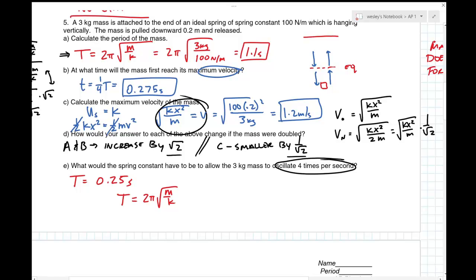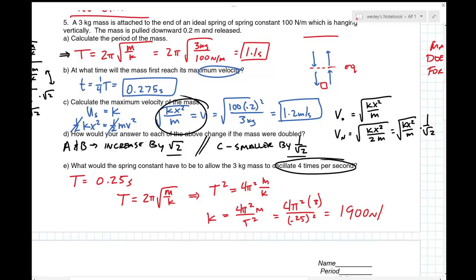I've got to solve for k, so we're going to square both sides. Period squared is 4 pi squared m over k. That makes k 4 pi squared m over T squared. So 4 pi squared times 3 over 0.25 squared. All that math gives us 1900 newtons per meter as our spring constant.